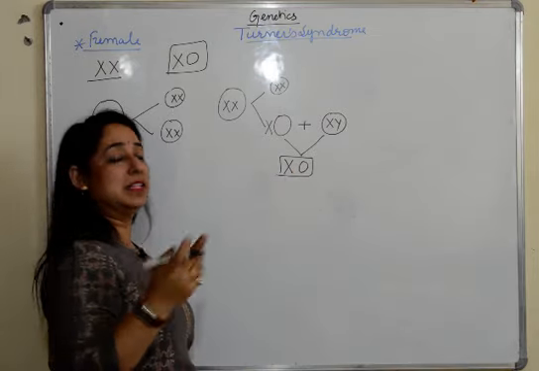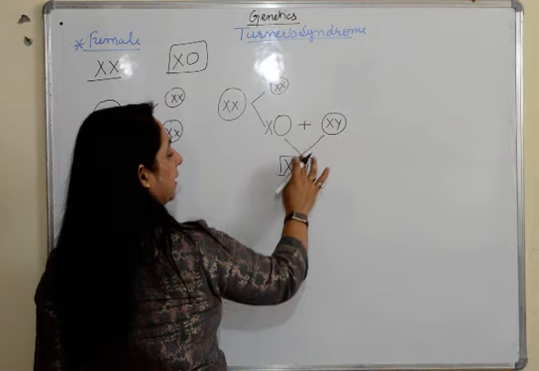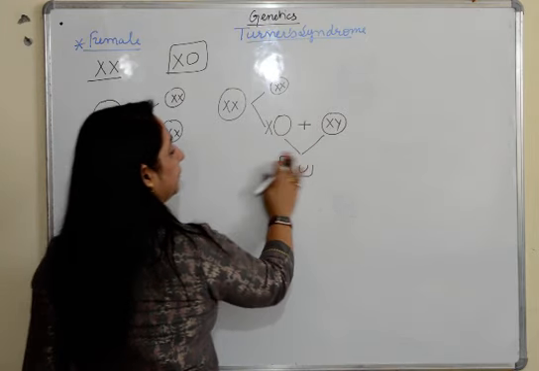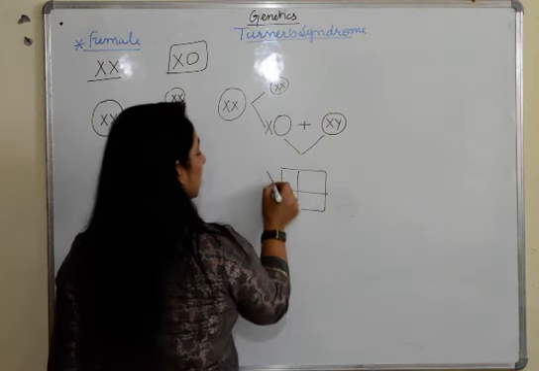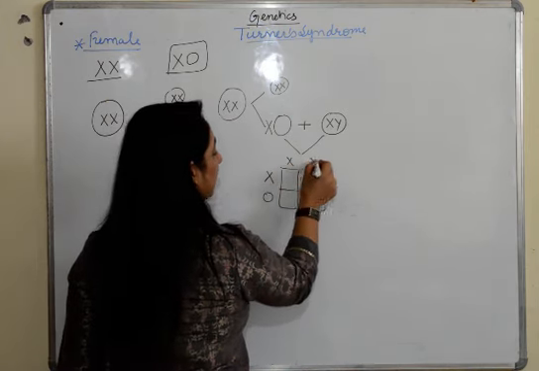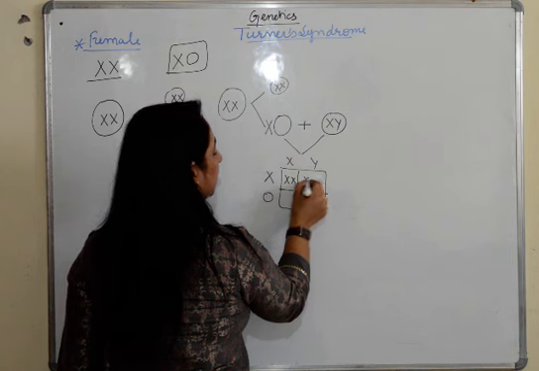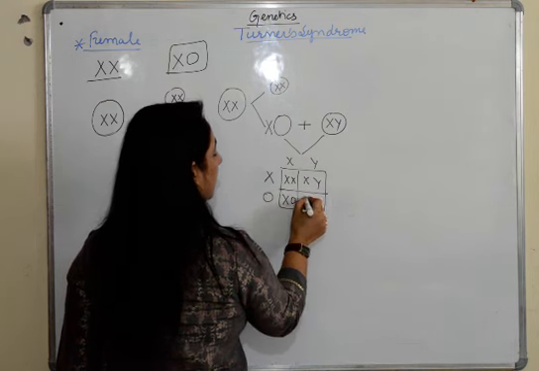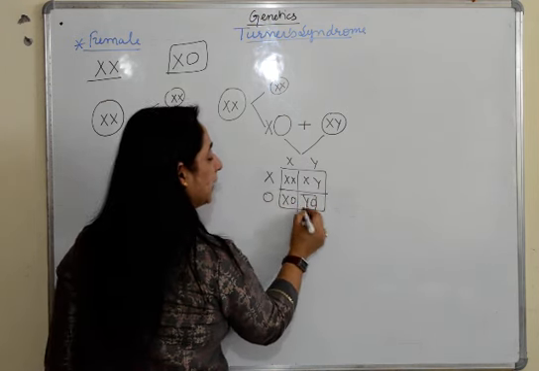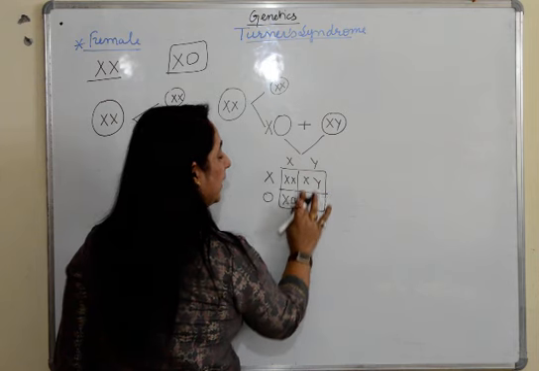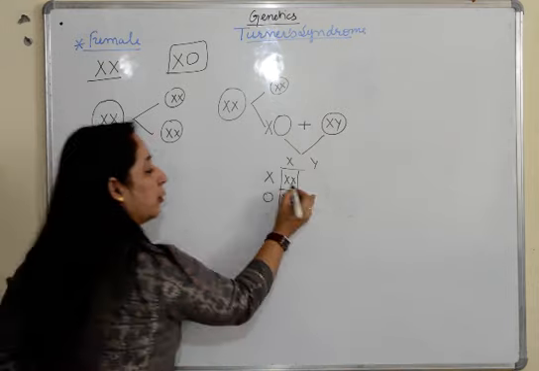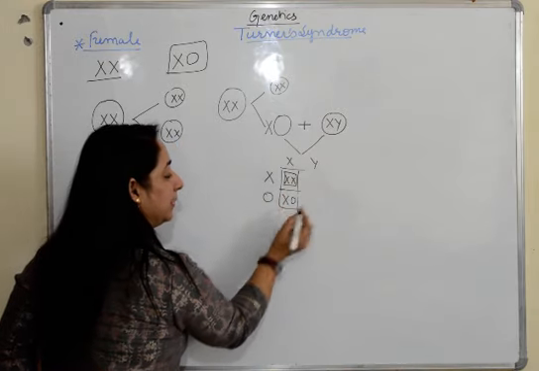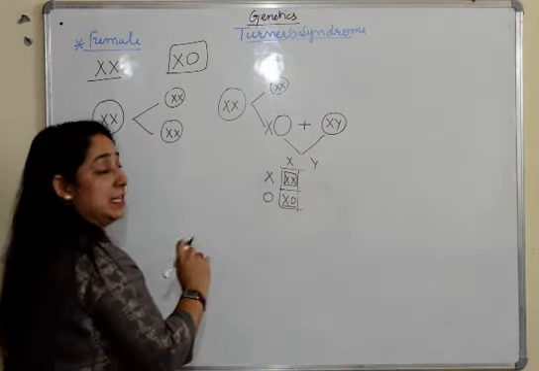One female will always be with this condition because it will receive X from here. If I make it like a Punnett square to make it more easy, so X and 0, X and Y. If we just take these, one is a normal female, but the other one has this O condition in it.